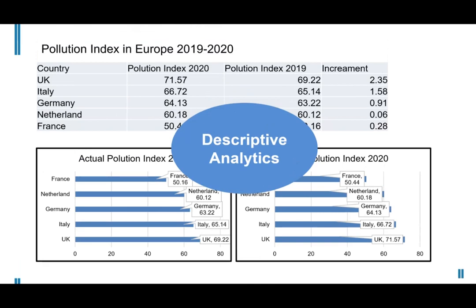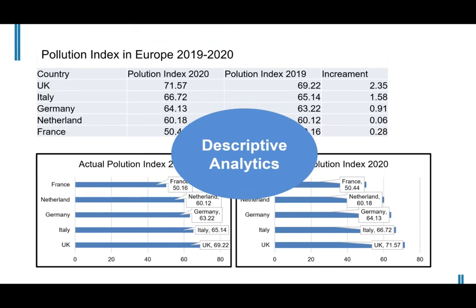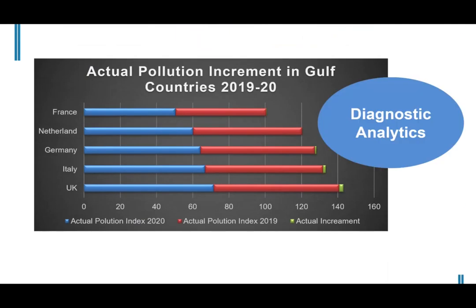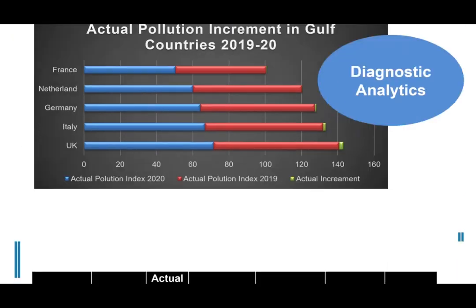And you can find out again from the previous diagram that a country like the UK didn't manage to decrease the carbon emission as France, the Netherlands and Germany did. It seems from these numbers and the analytics here that they have a better carbon emission management and pollution management plan. So this is diagnostic analytics.